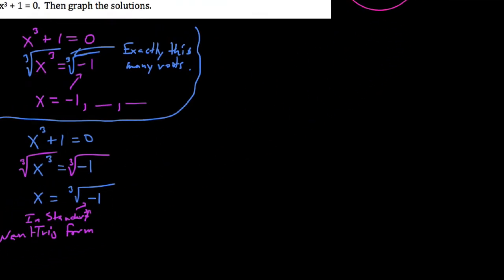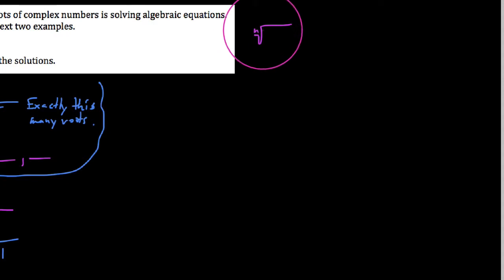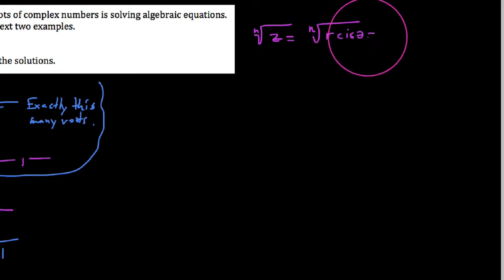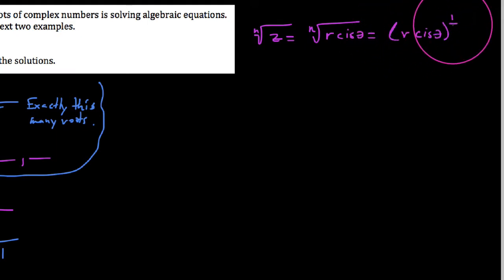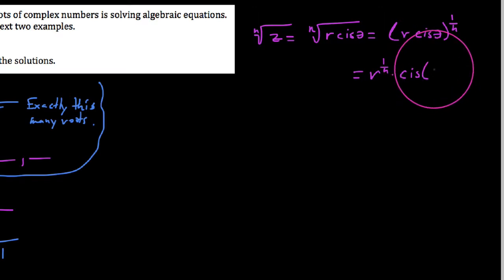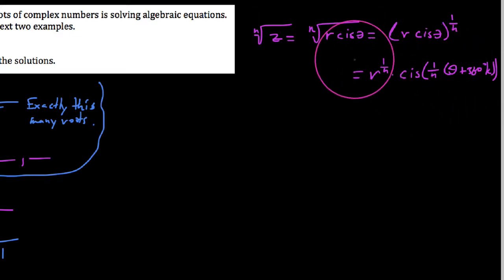And the reason why is that if we were to take the nth root of a complex number in trig form, where z is equal to some r times cis of theta, what we know we get from this theorem is r cis theta to the 1 over n power, which is r to the 1 over n times cis of 1 over n times theta. And we'll talk about this 1 over n times theta when we get to it. But we say theta plus, and I really should say 360 degrees times k, any coterminal angles here.